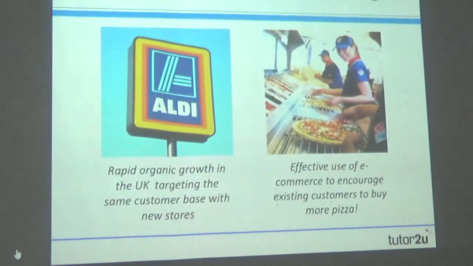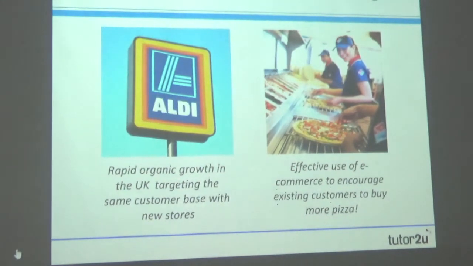So I'm sure you've come across lots of examples of market penetration strategies. Essentially, any example where a business is trying to build its existing market share in an existing market with existing products. So 2 on the screen there, great examples. And often market penetration strategies are associated with this concept called organic growth.